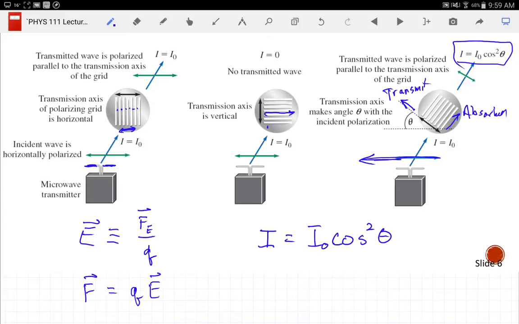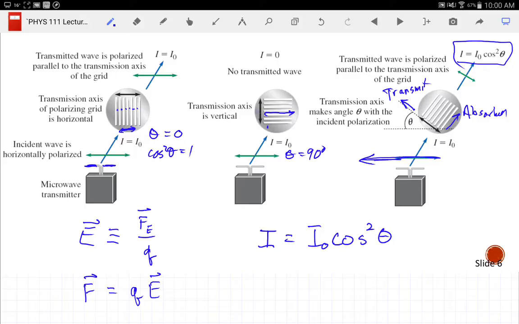So if that angle is 0, cosine of 0 is 1 and allows everything through. So in this case here, theta was 0. Cosine squared of theta is equal to 1 and allows everything through. In this case here, theta is 90 degrees because the transmission axis is vertical.